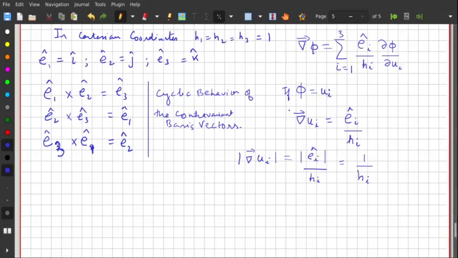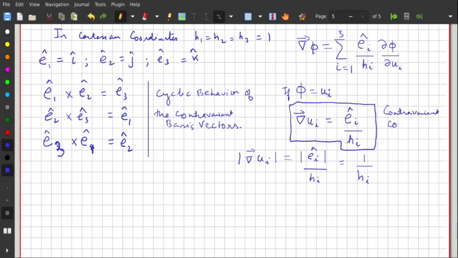This is a very important expression that we got, and you see this relates the contravariant components with the covariant components.